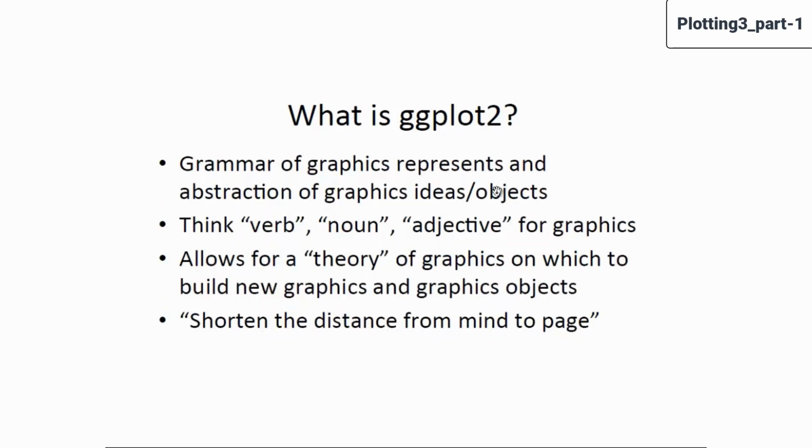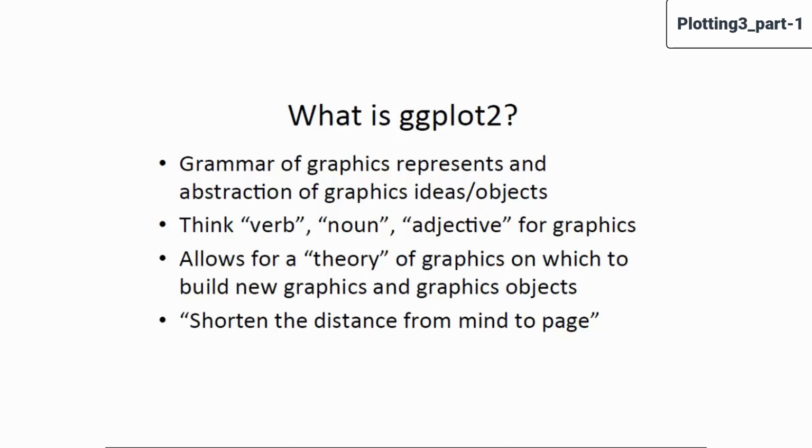So what does ggplot2 do? ggplot2 basically represents the grammar and abstraction of graphics ideas or objects. So think verb, noun, adjective for graphics. It allows for a theory of graphics on which to build new graphics and graphics objects.